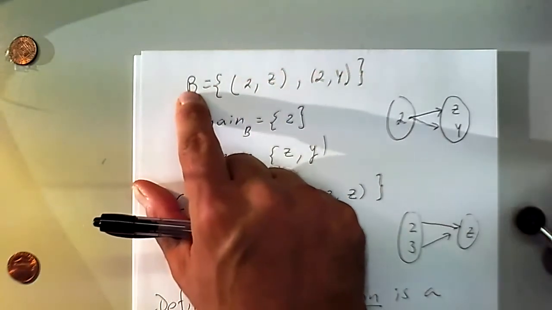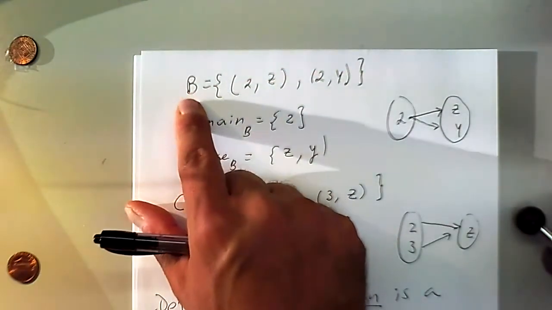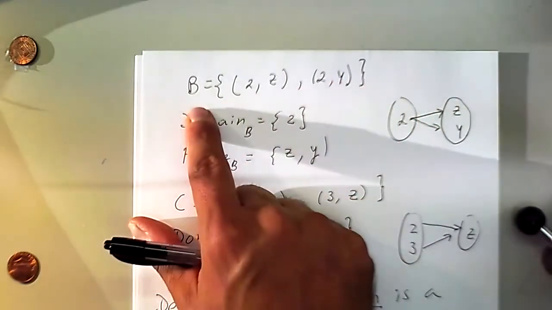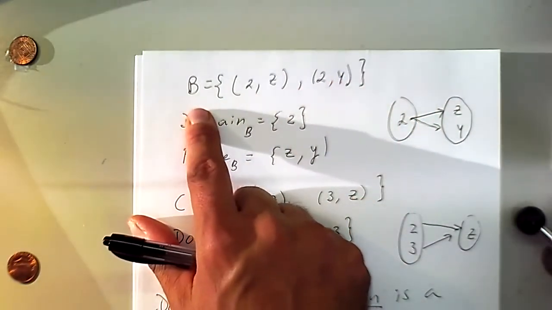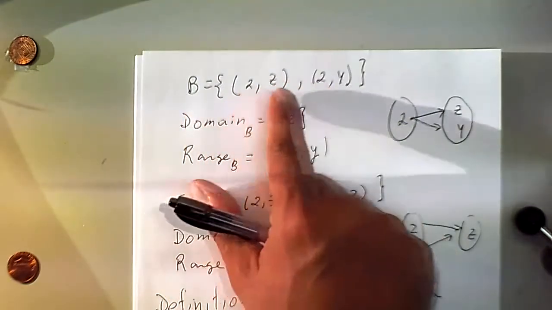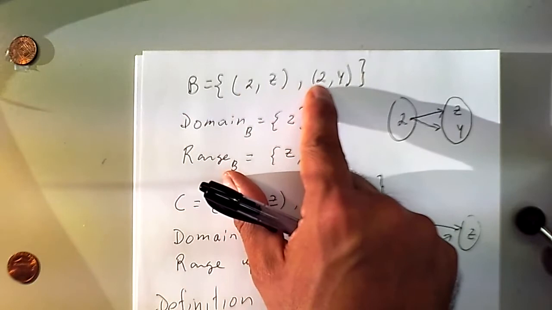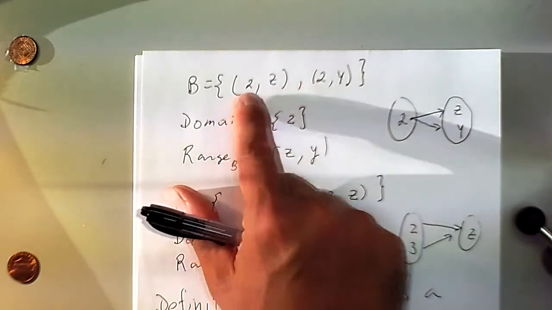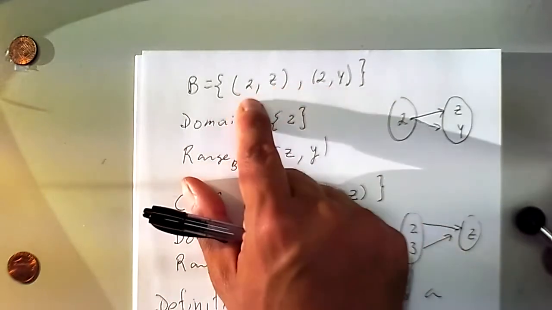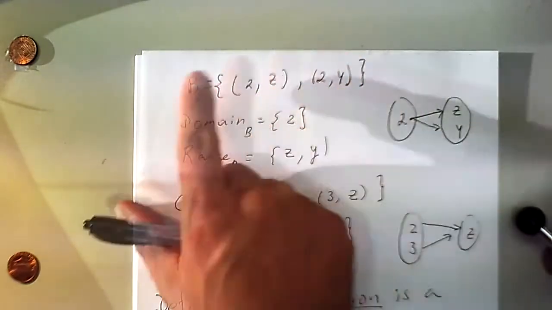So if B contained, say, 100 points, and 2 points had the same first input, or first coordinate, that messes up the entire set.